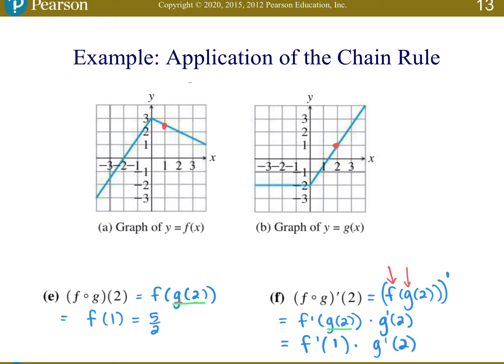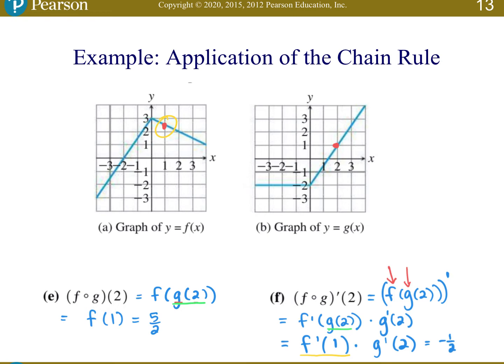Okay, so now we're looking at slopes, but at different x values and different function values. So on the f graph, I'll be looking at the function value of 1, and I want to find the slope there. So we're looking at this piece right here, and the slope value is -1/2.